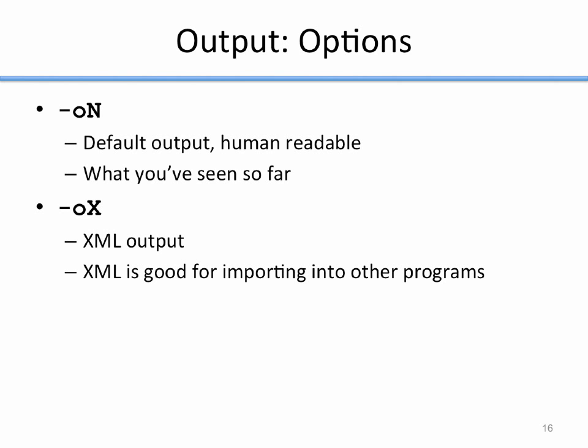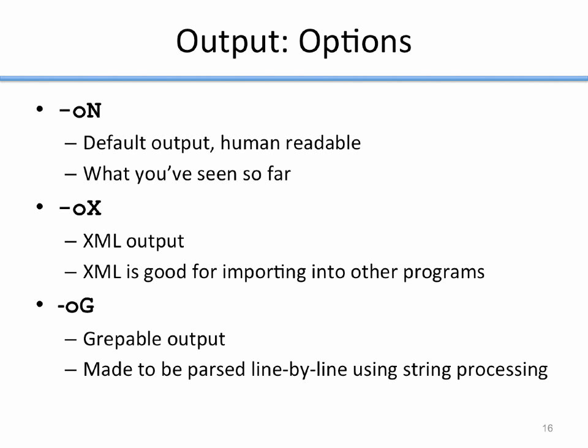-oX is XML output. And XML is good for importing into other programs because it's a very structured output that can be easily parsed because there's good libraries for it in a variety of programming languages. So if you had a separate program that was going to read in your scan output and process it in some way, XML could be a good format for you. And the last is -oG.